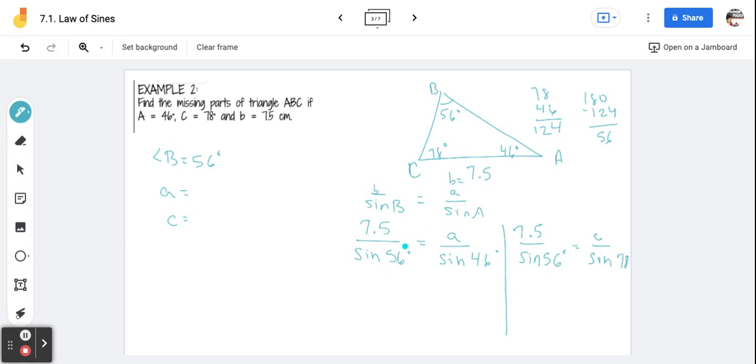All I got to do is cross multiply and solve then. So A times the sine of 56 degrees is equal to 7.5 sine of 46 degrees. And then all I have to do is divide both sides by the sine of 56.